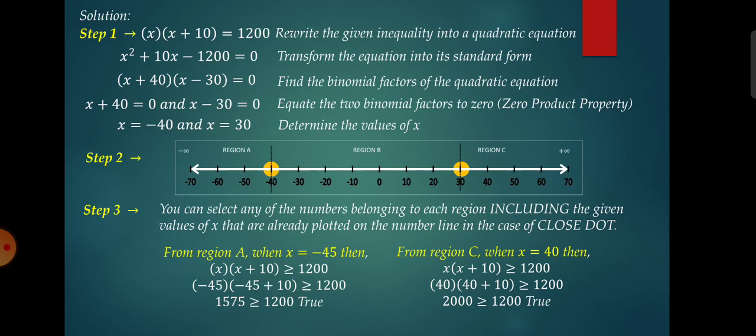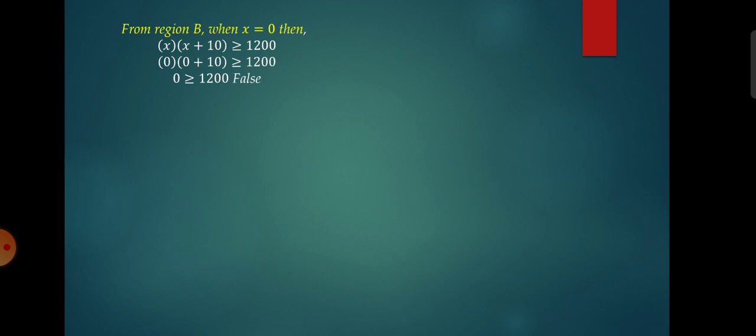So if region A and region C are both true, it is possible that region B is false. The possible values in region B would give us false in the test point. Example, from region B, when x is 0, then 0 times 0 plus 10 is greater than or equal to 1,200. 0 plus 10 is 10. 10 times 0 is 0, since any number multiplied by 0 is 0.